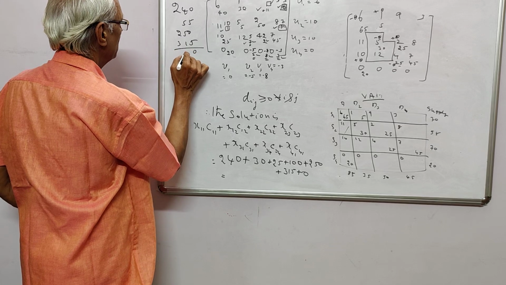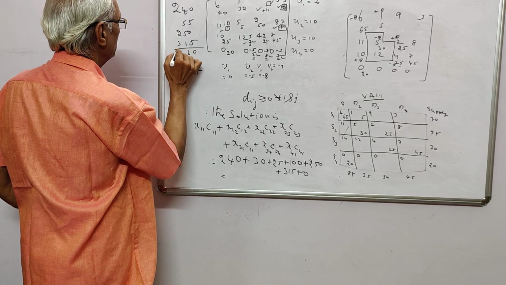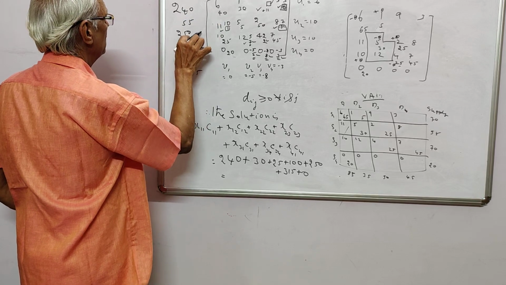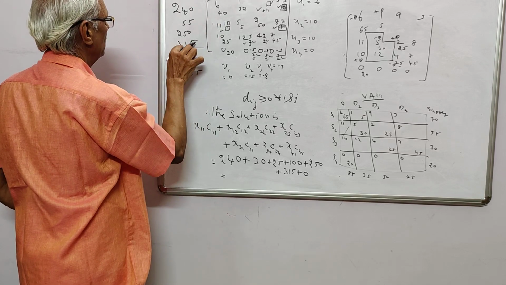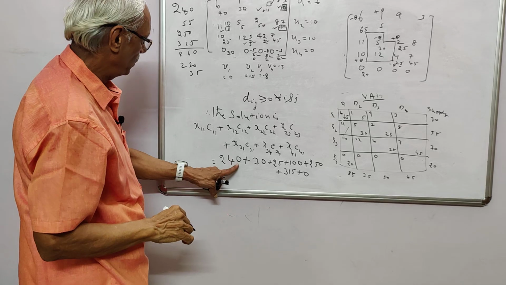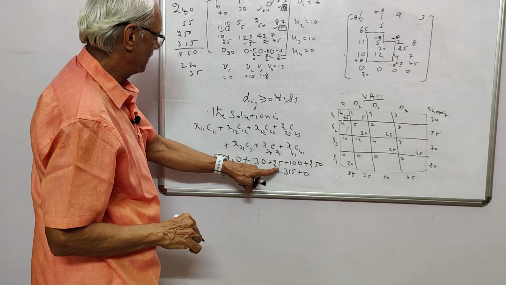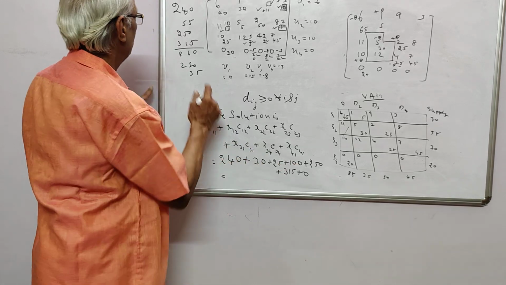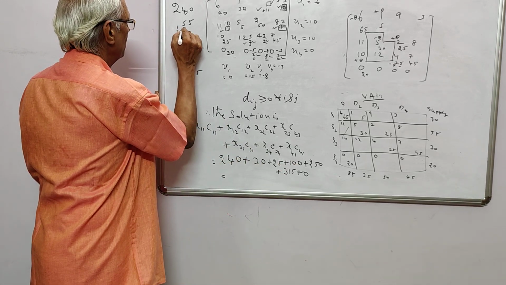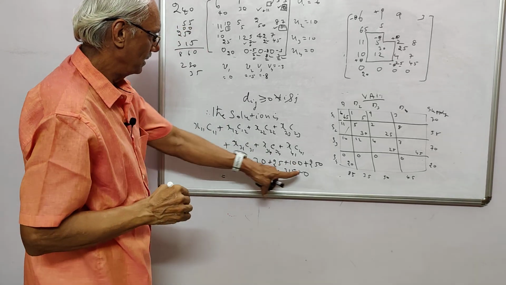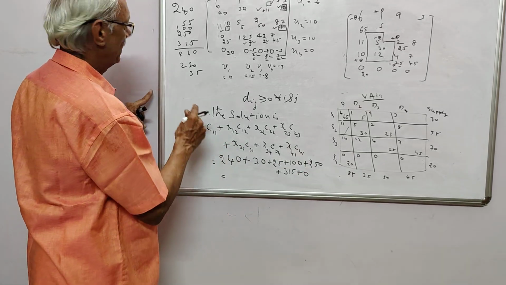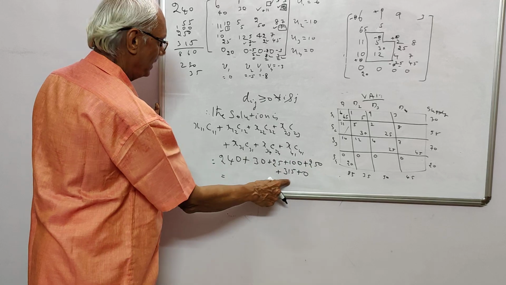It is 240 plus 55 plus 100 is there, plus 250, plus 100 plus 250 plus 350.